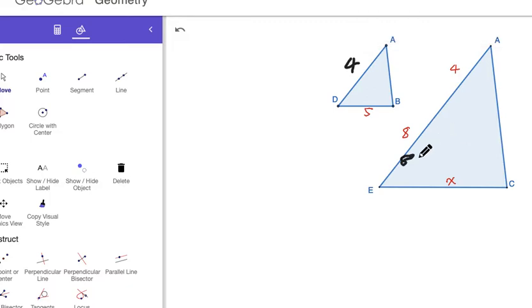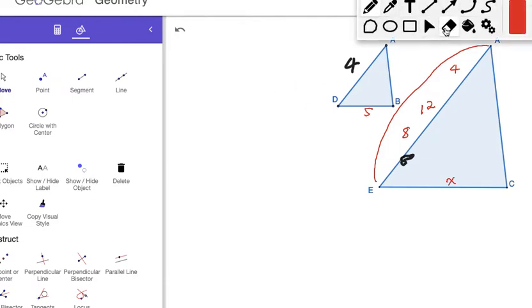As you can see here, we have the smaller triangle with 5. We also have this 8. It's actually 2 parts, so we know the whole thing is 12, right? So now I'm going to erase this part so it doesn't confuse you. Erase this, erase this, so it's not confusing.